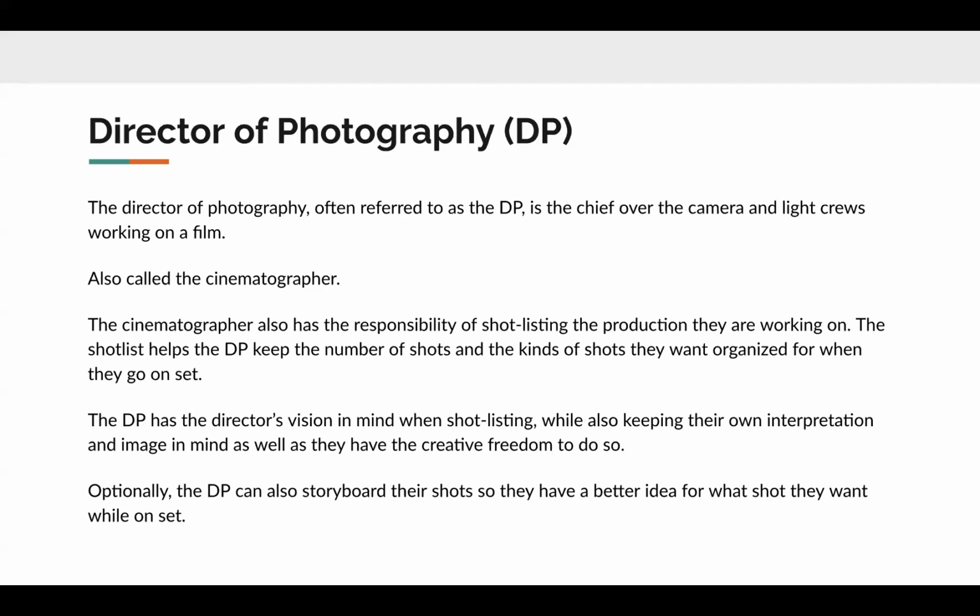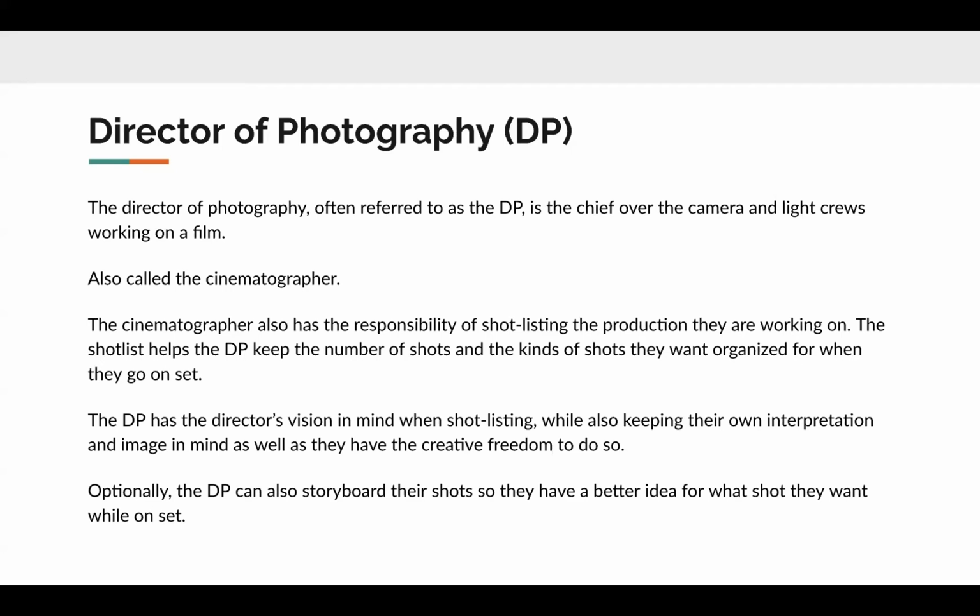And the DP also has the director's vision in mind when shot listing, while also keeping their own interpretation of the script and the image of the movie in mind. They also have the creative freedom to do so, but usually the director and DP convey that story. It's usually the director's image, and the DP tries to create that.